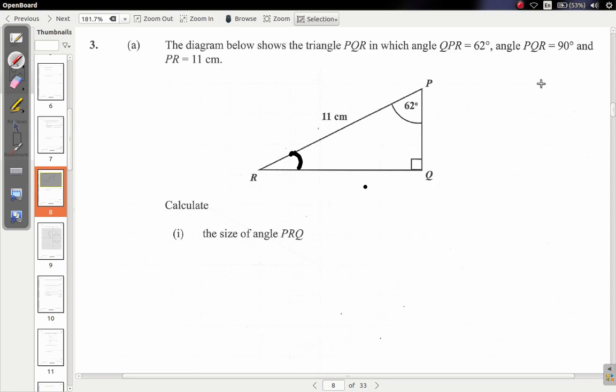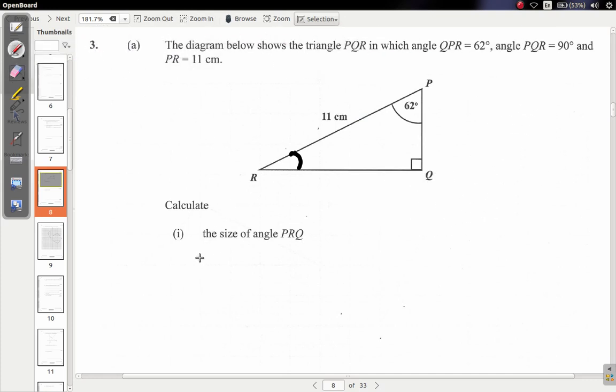You have the hypotenuse, good. You have two angles already, the 62 and the 90, and an angle they want. So what do the angles in a triangle add up to? It adds up to 180, right?